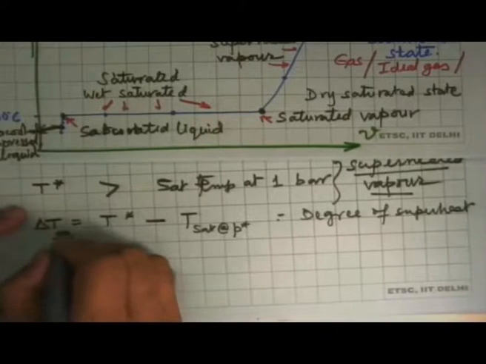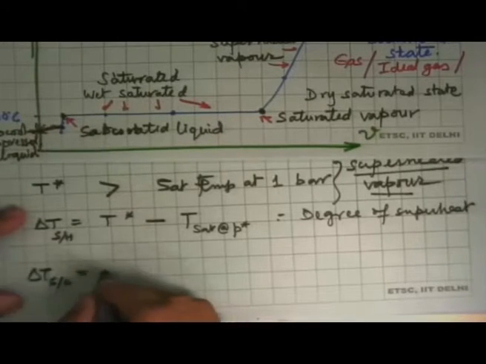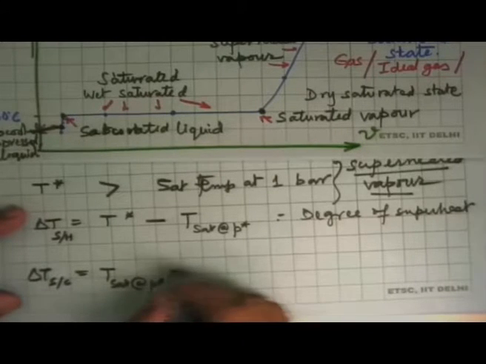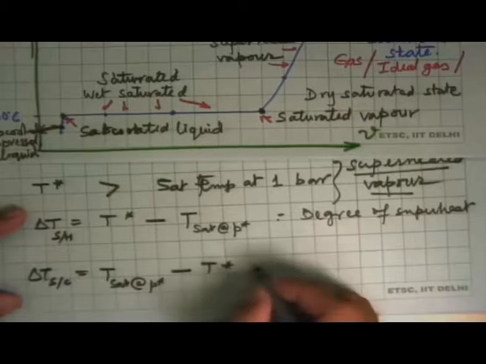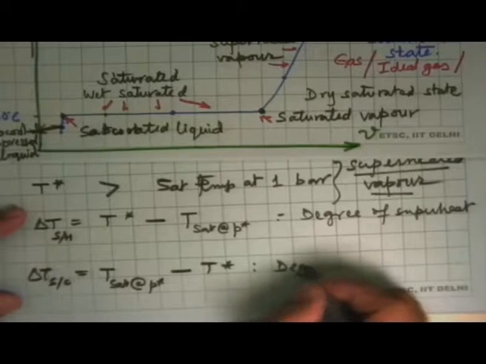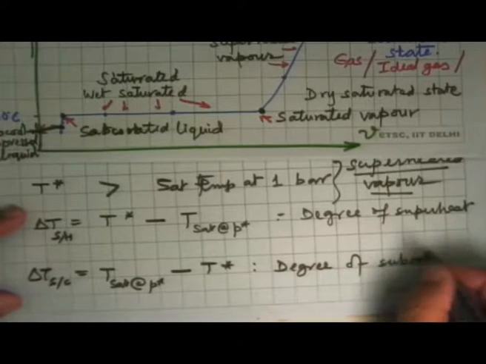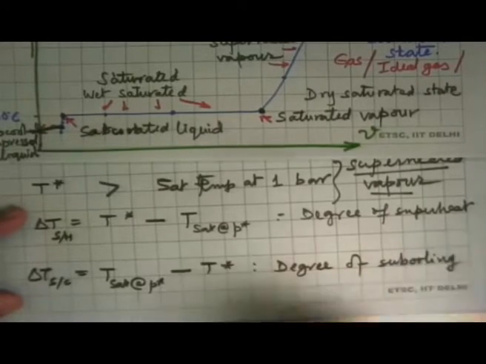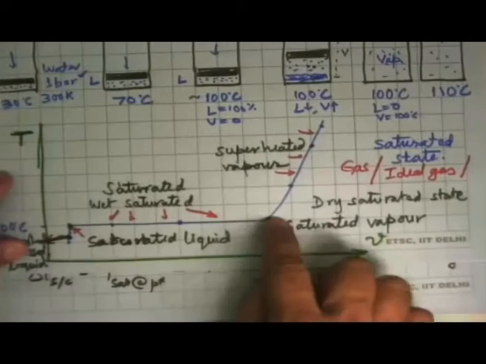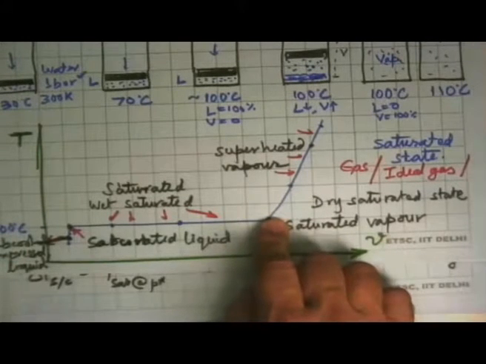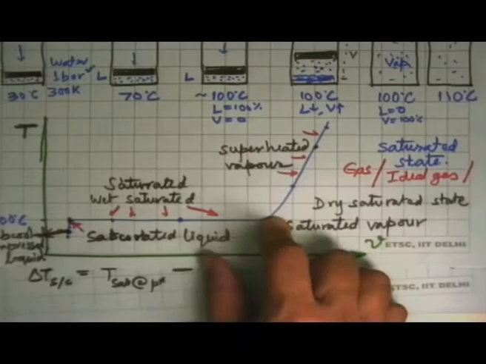This is delta T superheated. If this is T saturation at T star minus T star, this is degree of subcooling. And in any saturated state, the pressure and temperature will be the corresponding saturation properties of each other.